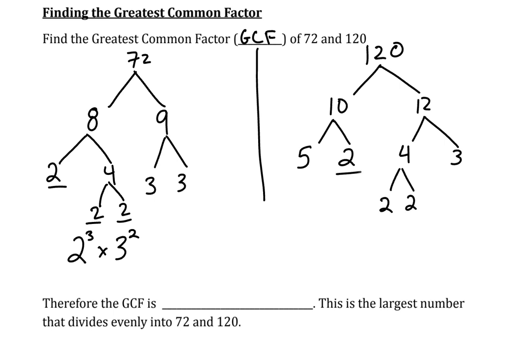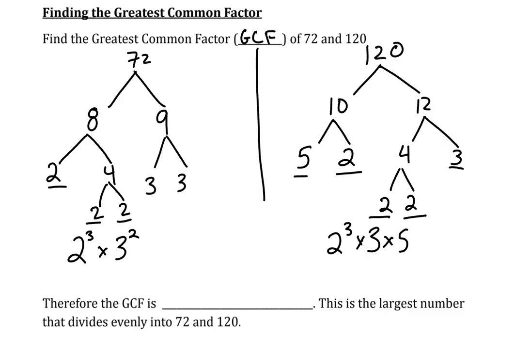So I have three 2's at the end of all the branches. So 2 to the power of 3. And I have one 3. And I have one 5. So that is the prime factorization of 120.